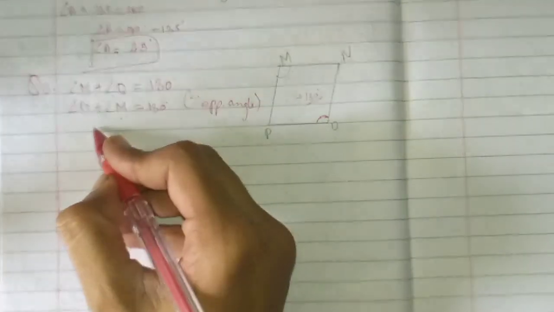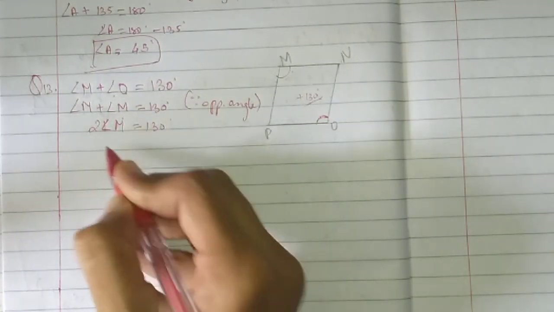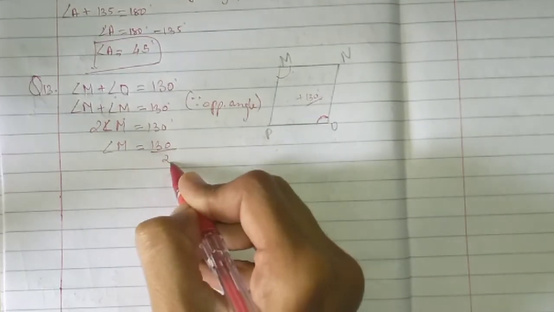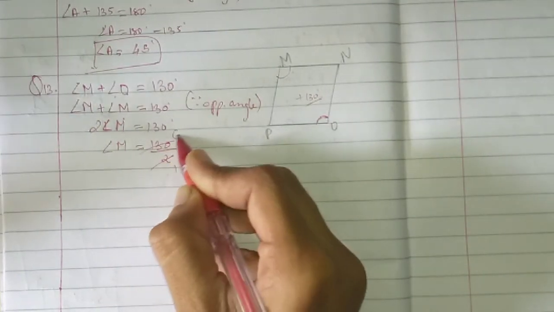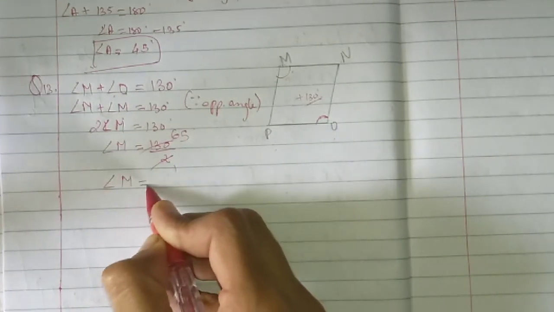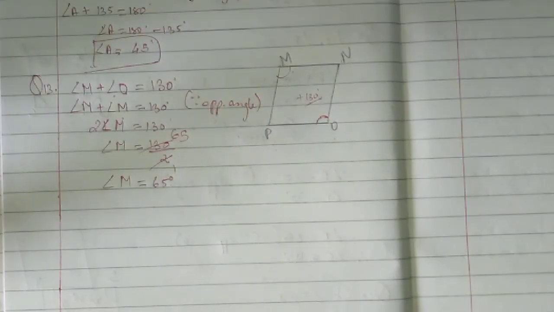So angle M plus angle M is 2 angle M, equal to 130. So angle M equals 130 upon 2. So angle M equals 65 degrees.